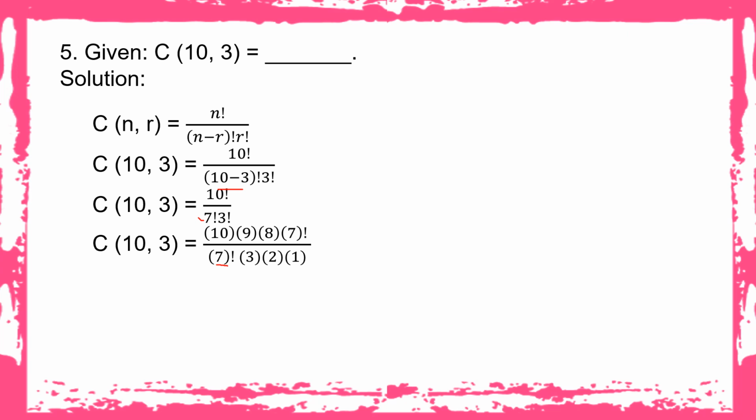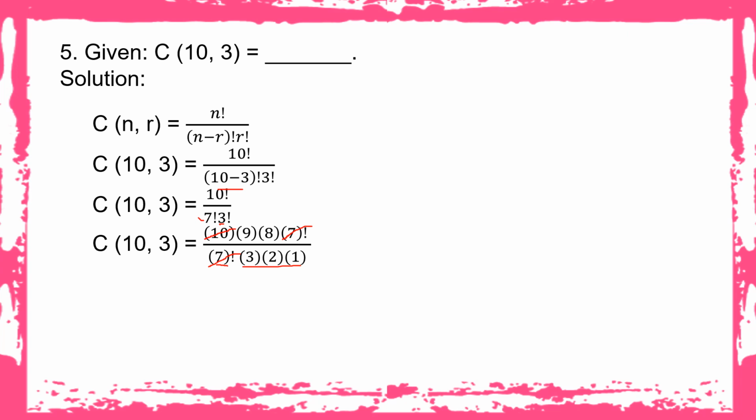And then multiply by 3 factorial, it is 3 times 2 times 1. So it is division, so we can cancel 7 factorial. And we can also simplify 10 and 2. We can divide it by 2, or we can also use the number 8 because it is also divisible by 2. But this time I will use the 10.